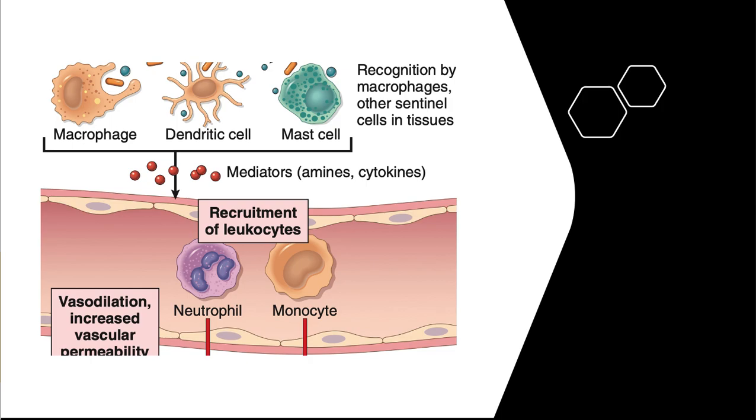Mediators also activate the recruited leukocytes, enhancing their ability to destroy and remove the offending agent. Understanding the role of chemical mediators is important because most anti-inflammatory drugs target specific mediators.